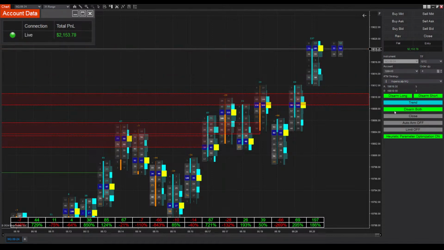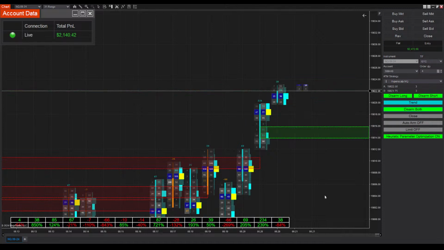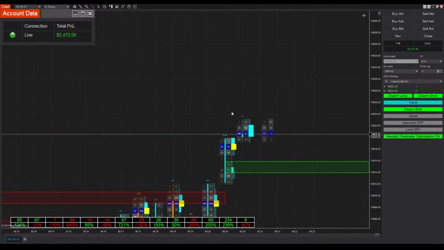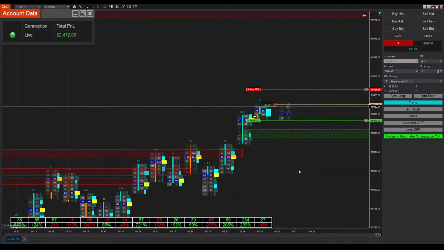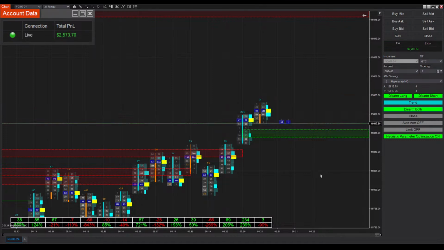We're going to swap into trend here. Let's see if we can catch a trade here. Ended up winning that one. Up to 27.85 now.